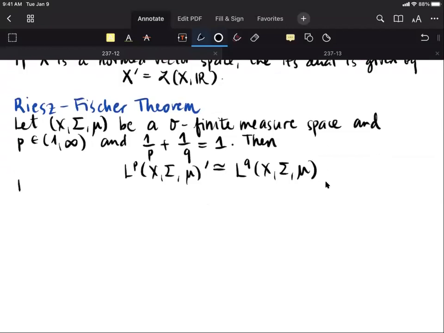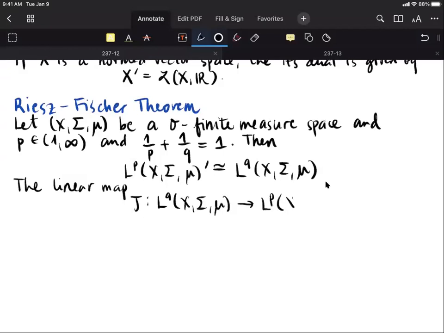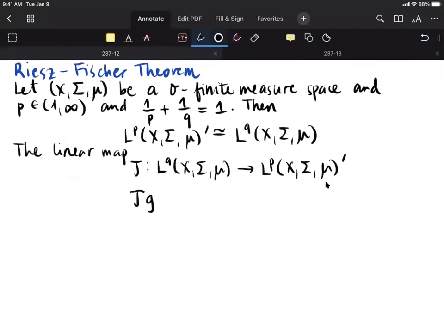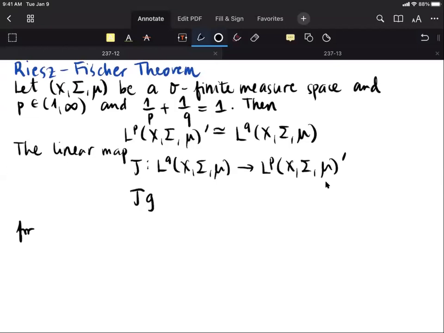So more precisely, the linear map J, a mapping from LQ to the dual of LP, is given as follows. I'll take an element G in LQ.